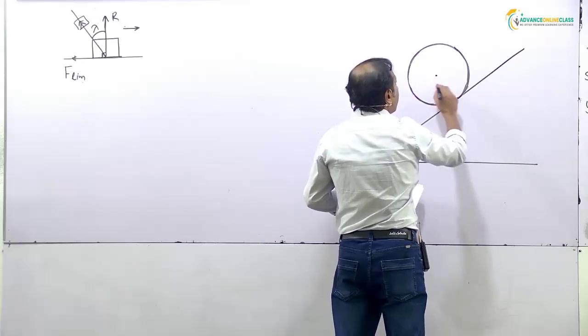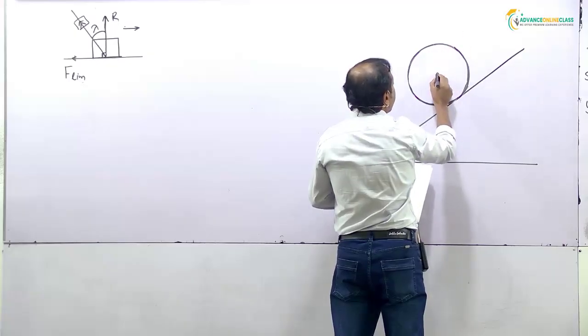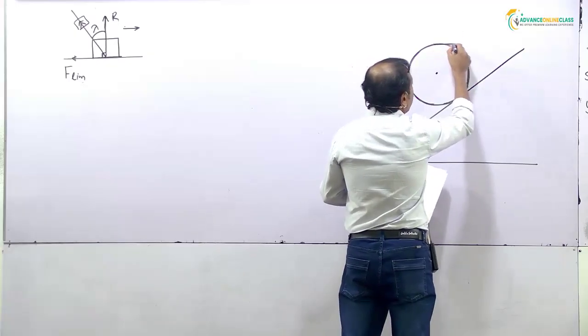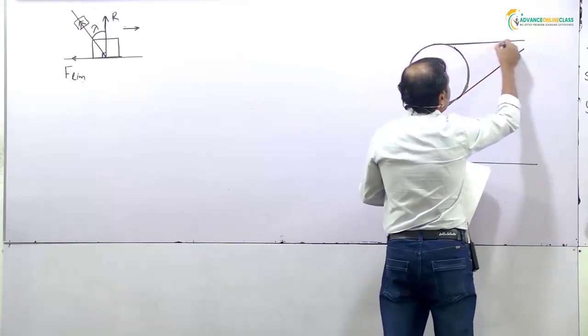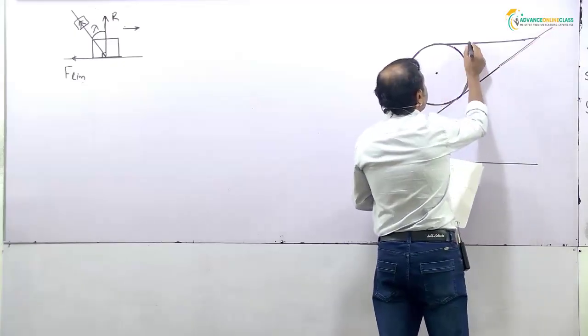Then to the highest point, the string is joined. This way, tension acts in the string. Tension T acts this way.